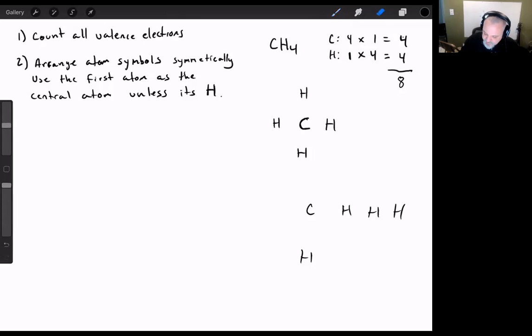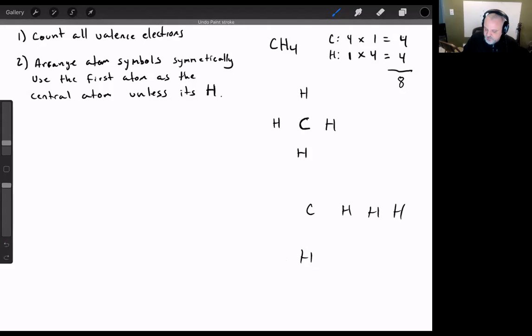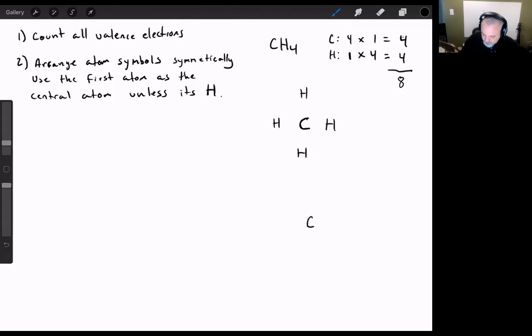It's not okay if I do hydrogen and then have a carbon here and another hydrogen here, a hydrogen here, and a hydrogen there. That's making hydrogen kind of in the middle. All of these things are not symmetrical. Now, let me ask you a question. Is this symmetrical?